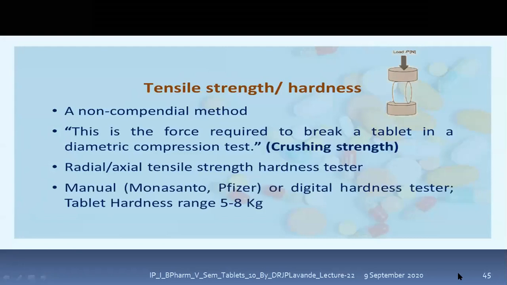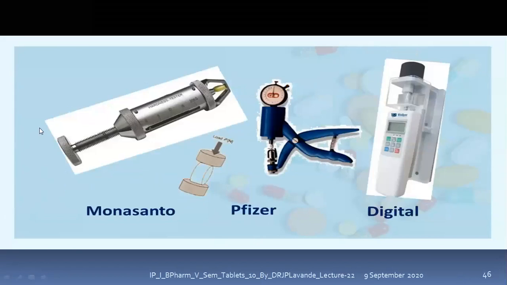The testers we use are the Monsanto tester, the Pfizer tester, or the digital hardness tester. The digital hardness tester is used to measure tablet hardness, and generally the required hardness is in the range of 5 to 8 kg. So 5 to 8 kg is the standard ideal requirement of hardness for a particular tablet. Here you can see the different types of instruments used to measure the hardness of a tablet.